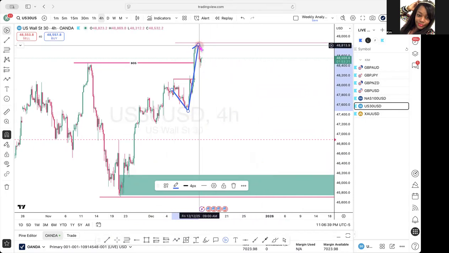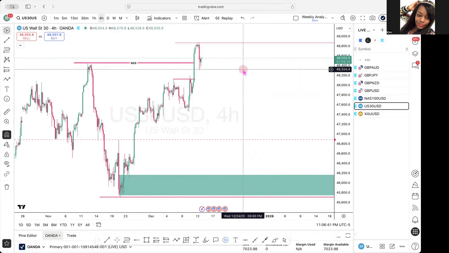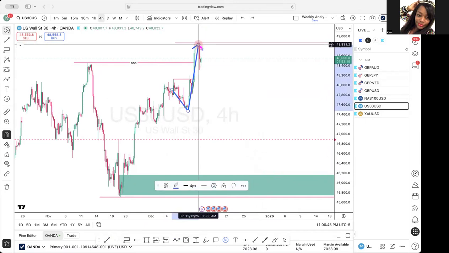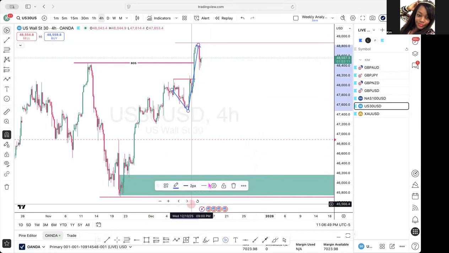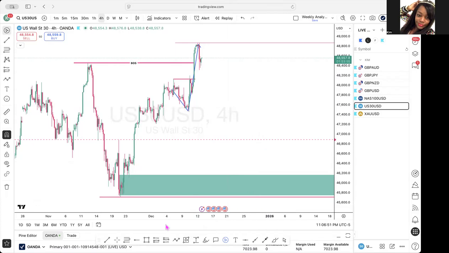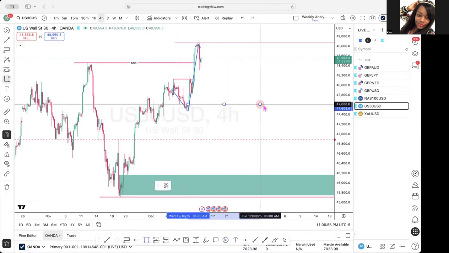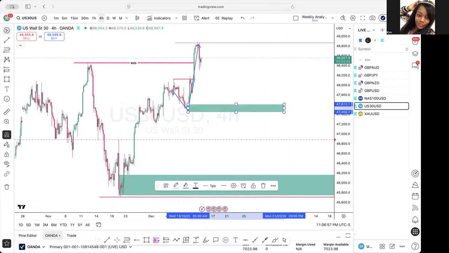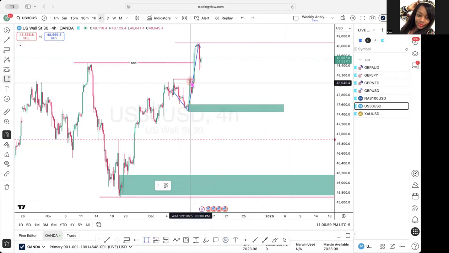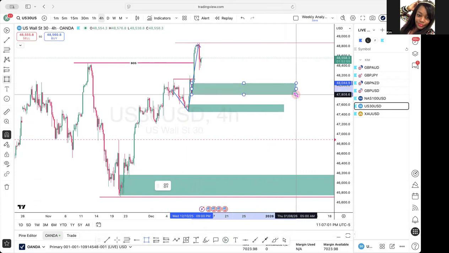Until then, price could pull back to one of these demand zones, either here or here, and then continue buying up.